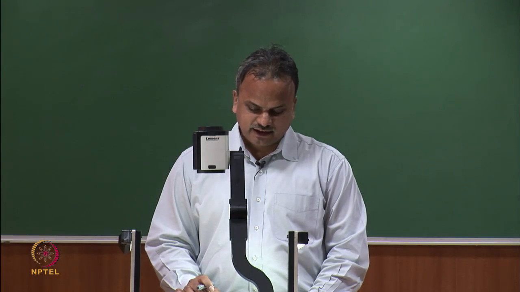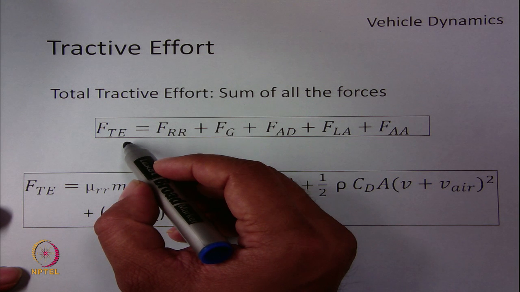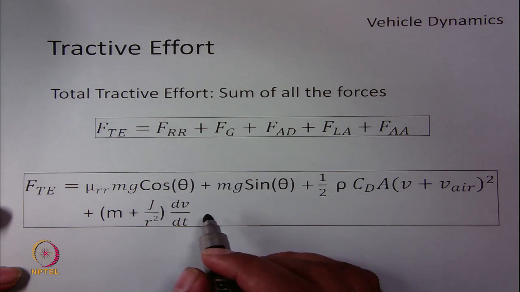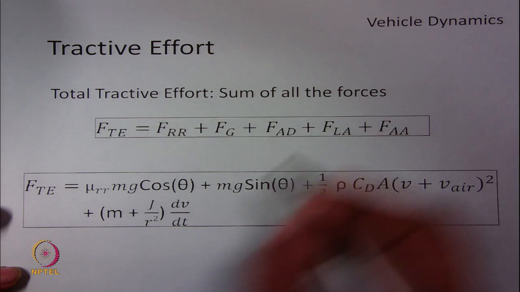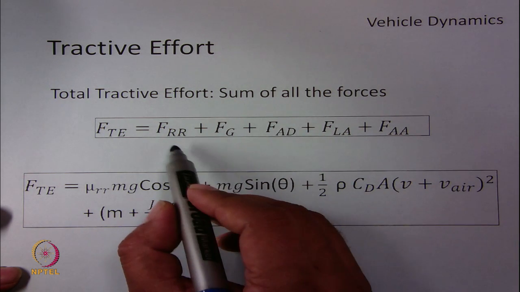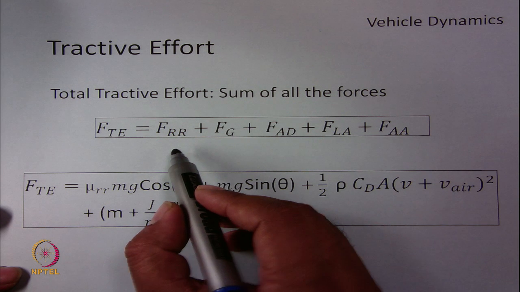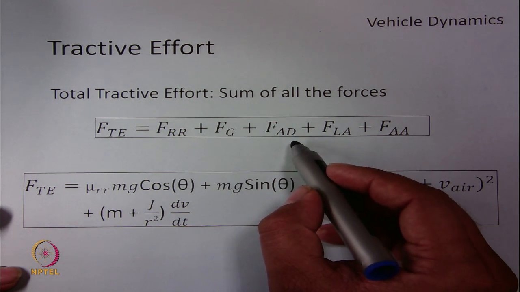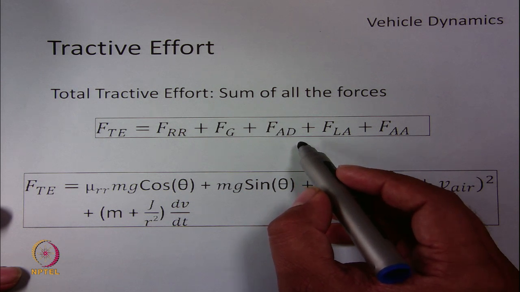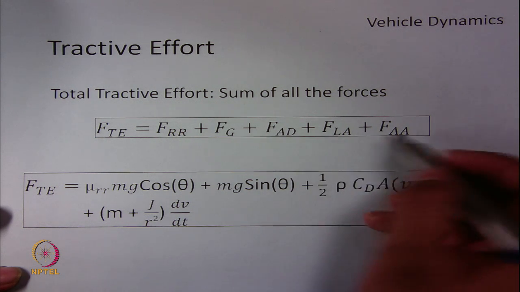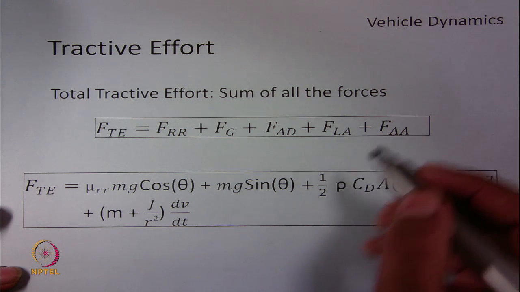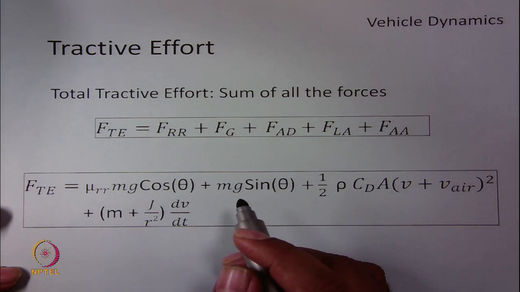So, we have seen that the total effort that is required to move the vehicle is a sum of various forces, such as force due to rolling resistance, force due to gradient or slope, force due to aerodynamic drag, and force that is required for linear acceleration and angular acceleration if you want to provide a change in speed when the vehicle is moving.